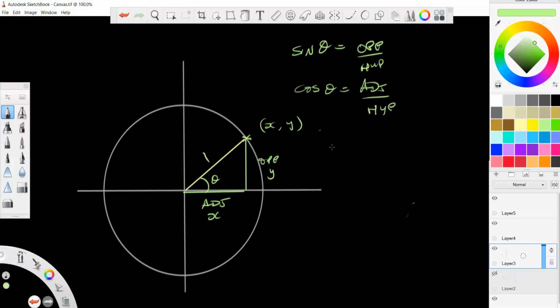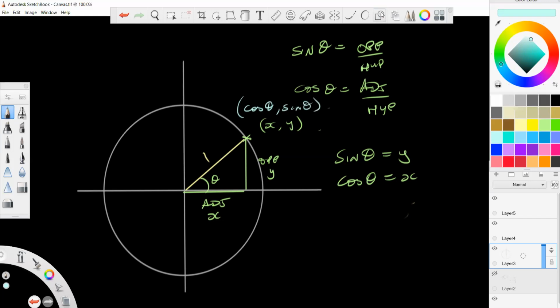So we can actually say for a circle of radius 1, sine theta equals y and cos theta equals x, because the opposite is y and the adjacent is x. So the x, y value of this point is cos theta, sine theta. Yeah, I am going somewhere with this.